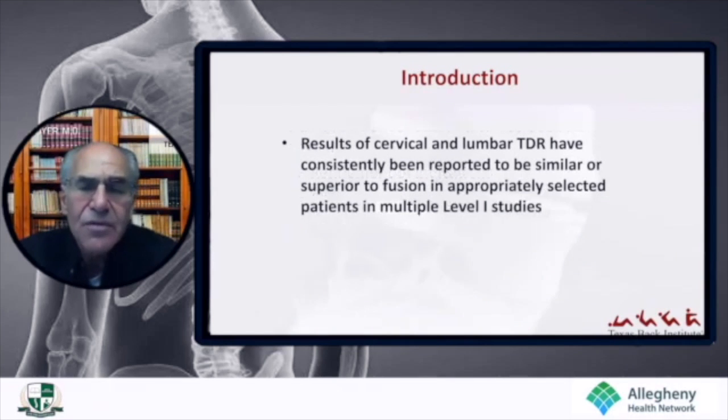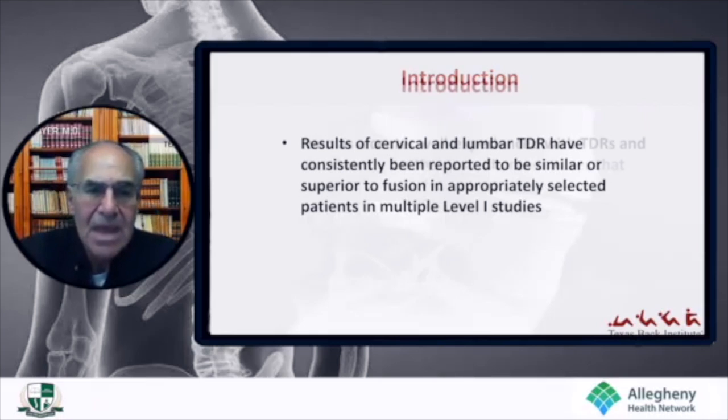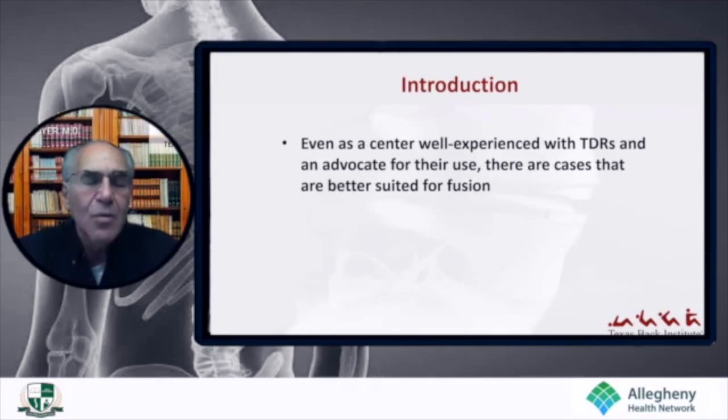And the results of the cervical and lumbar disc replacement have consistently been reported to be similar or superior to fusion in appropriately selected patients in multiple level 1 IDE trials. Even as a center with well-experienced surgeons placing TDRs and an advocate for their use, there are still cases that are better suited for fusion.